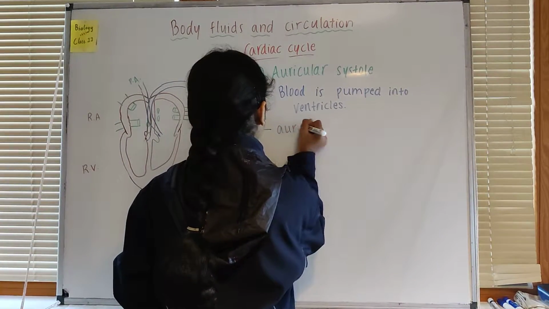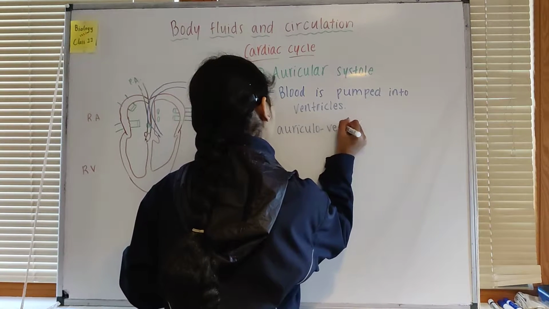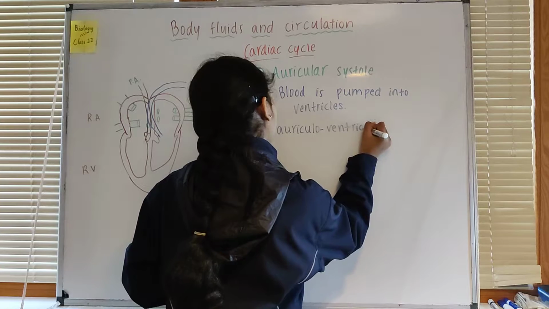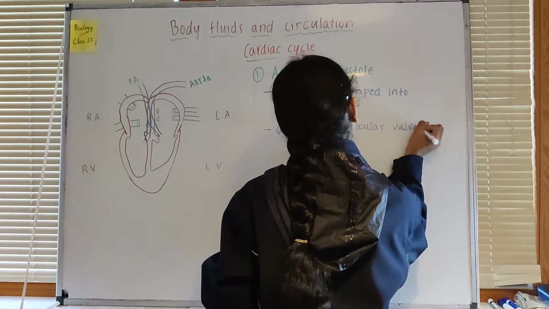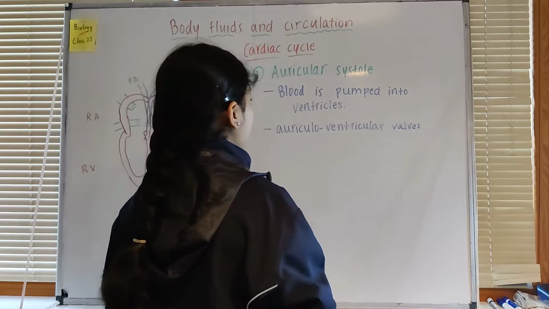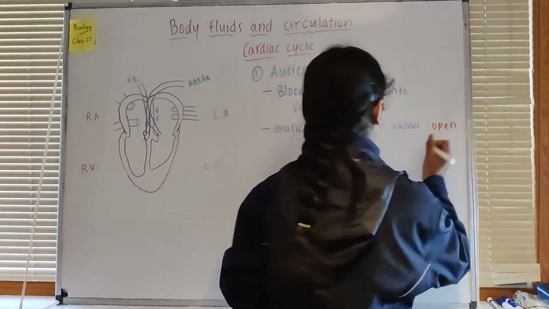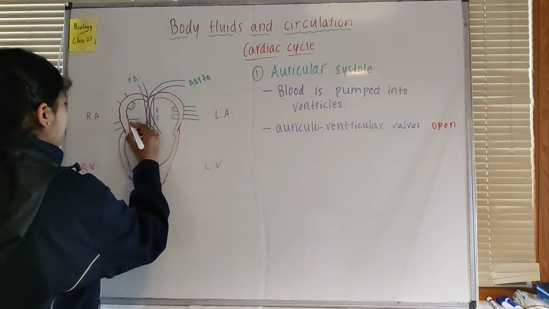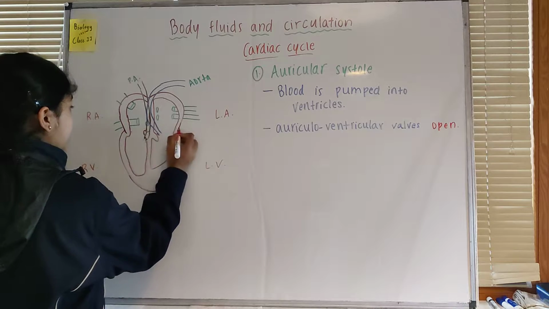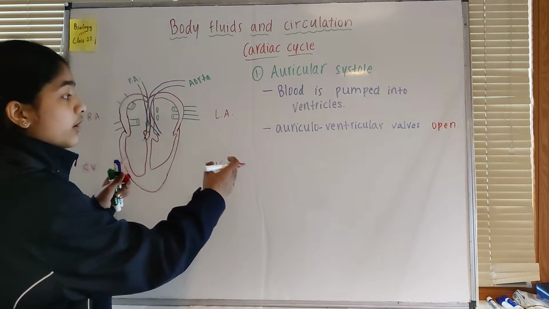The auricular ventricular valves open. Let's see where these auricular ventricular valves are. They are somewhere here, between the auricles and the ventricles.